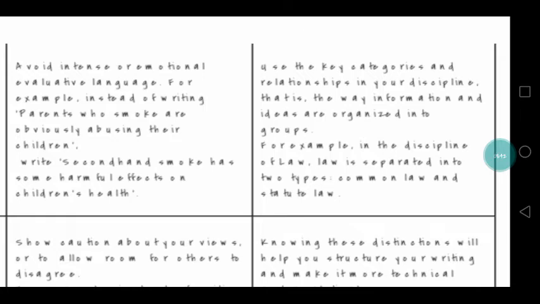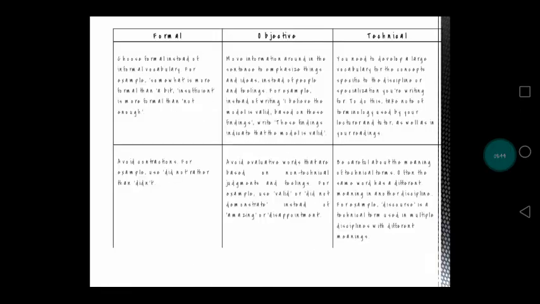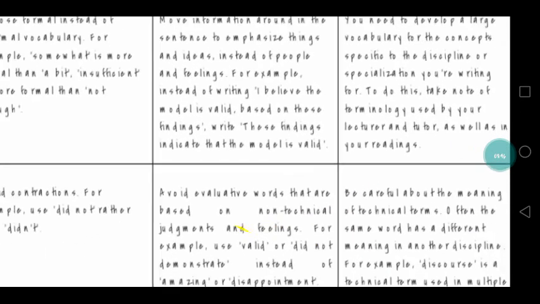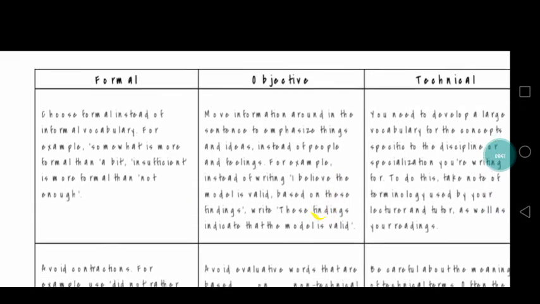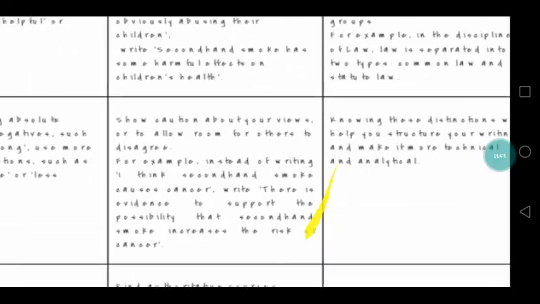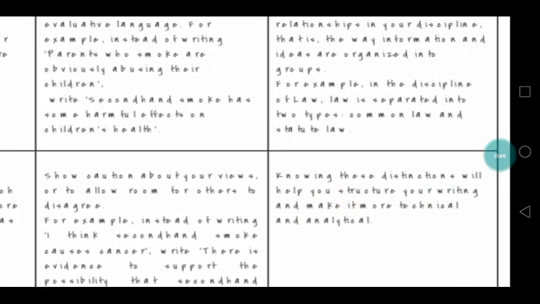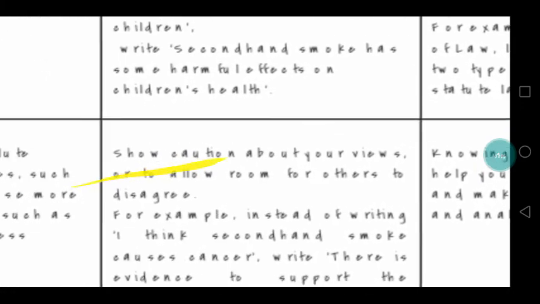For example, in the discipline of law, law is separated into two types: common law and statute law.